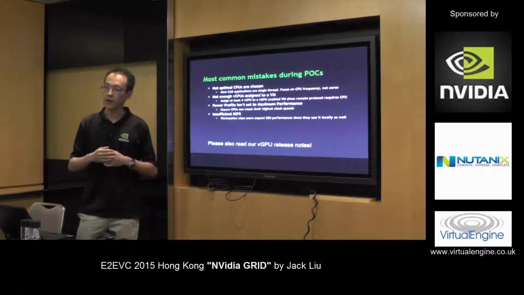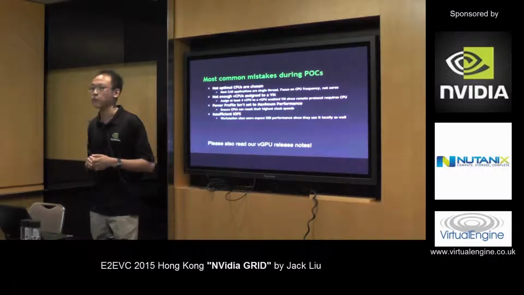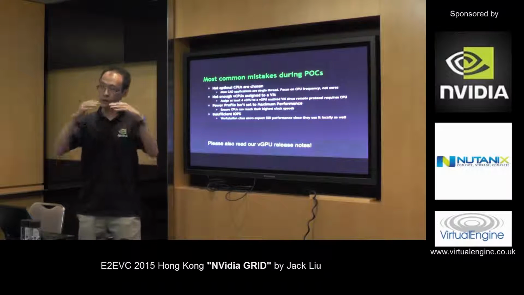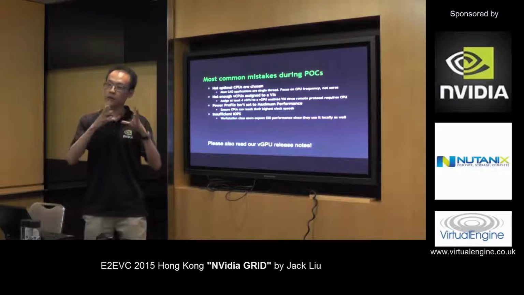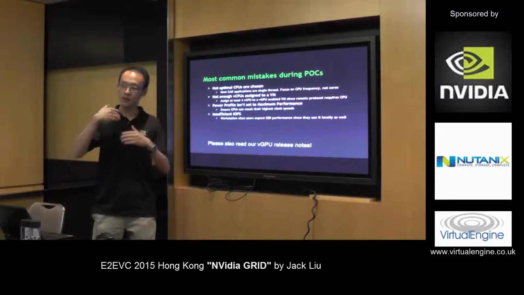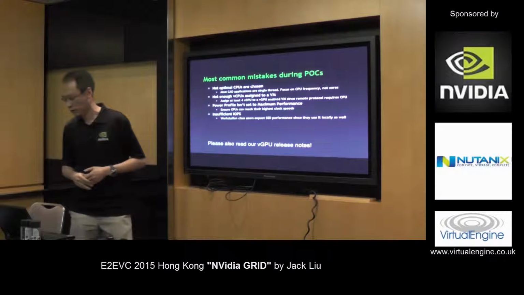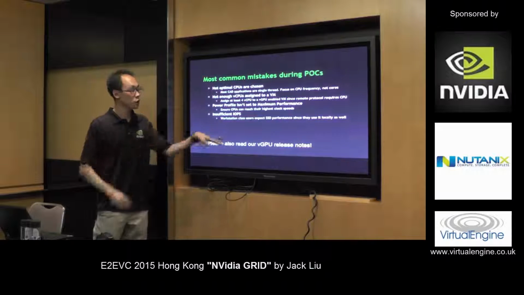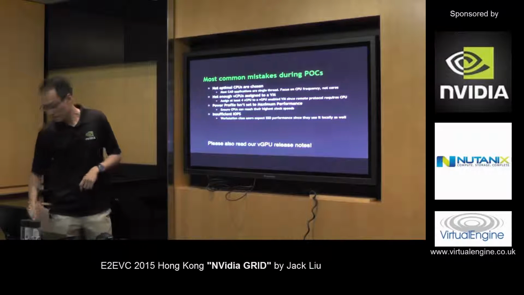We call it FRL, frame rate limiter. We control the frame rate for a certain vGPU profile so that it doesn't use all the GPU resource. And how to turn it off for benchmarks is all written in the release notes.